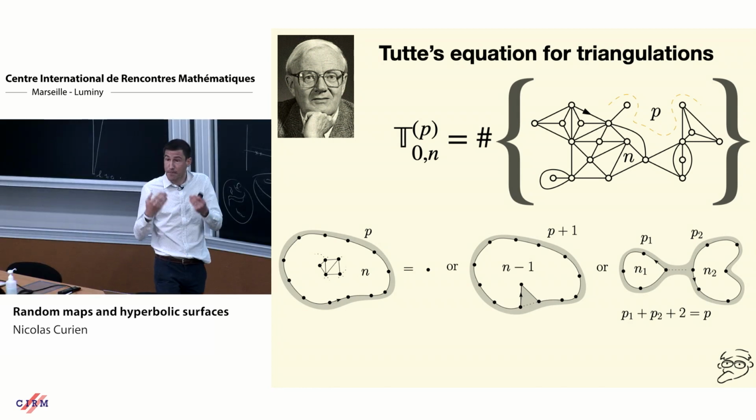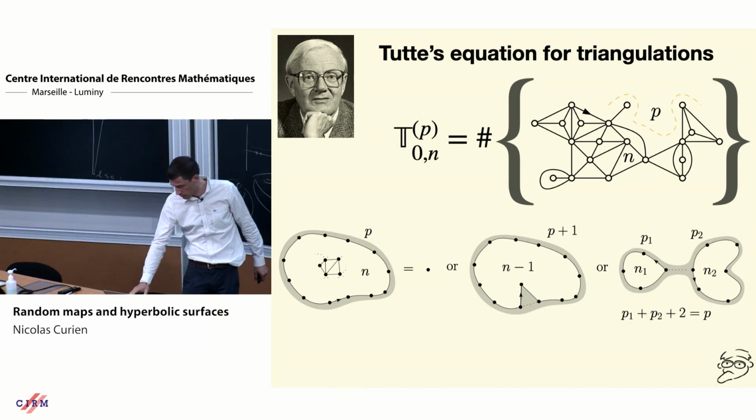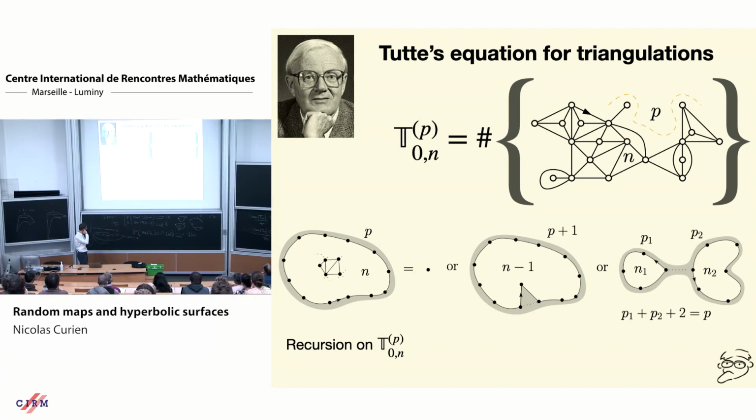So you have a very simple plain recursion on this T_{0,n,P}. Tutte's recursion is simple, but to solve it explicitly is not easy. Tutte managed to do that, and there is a lot of literature about solving those equations.